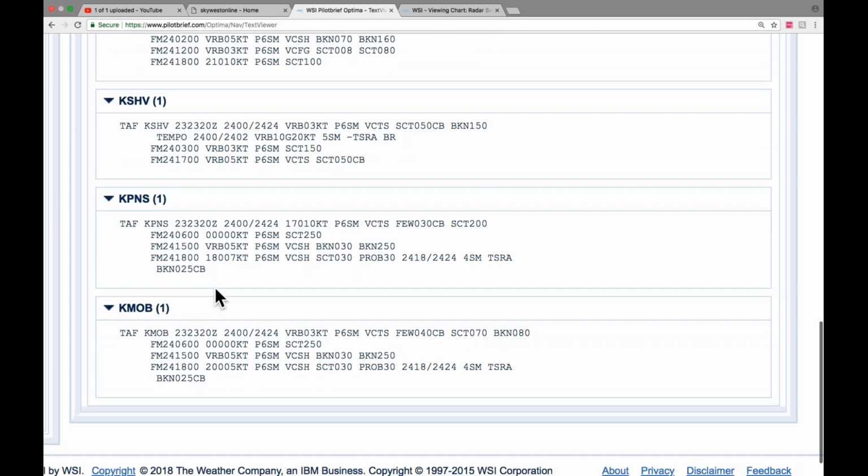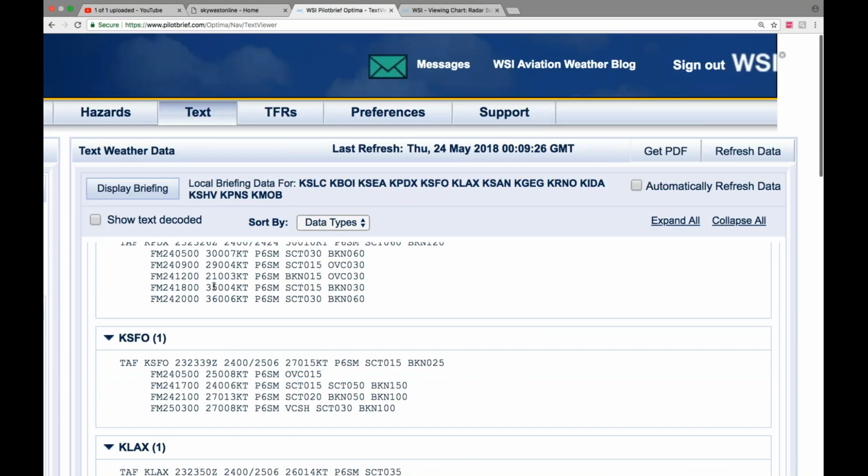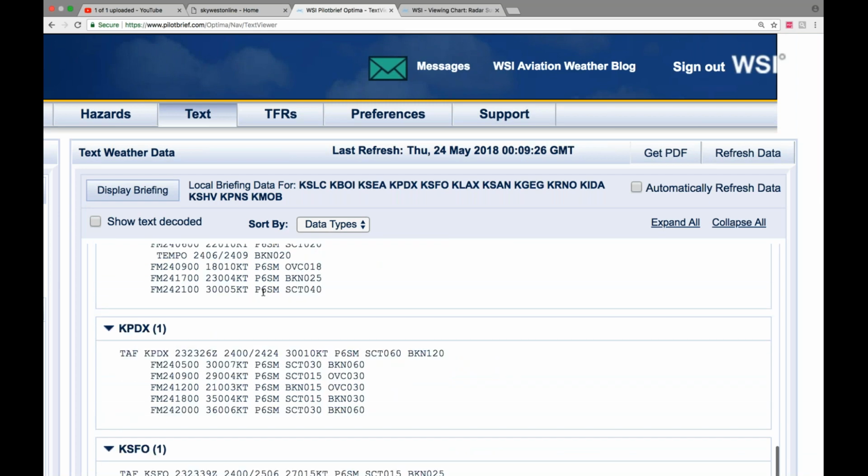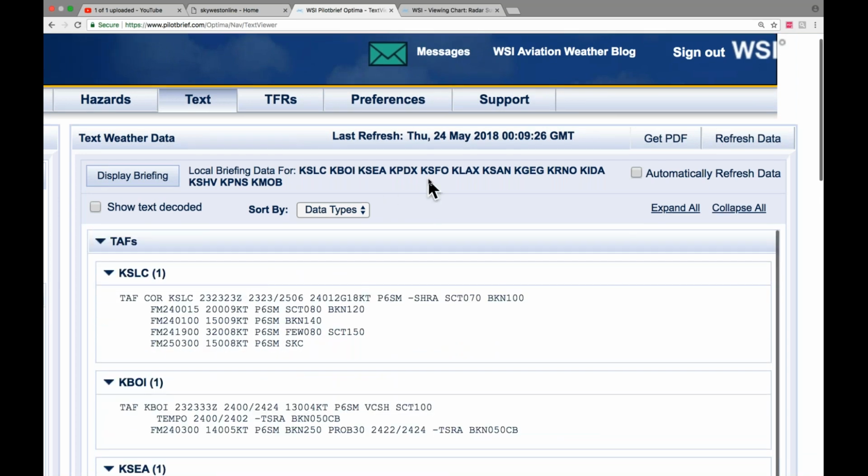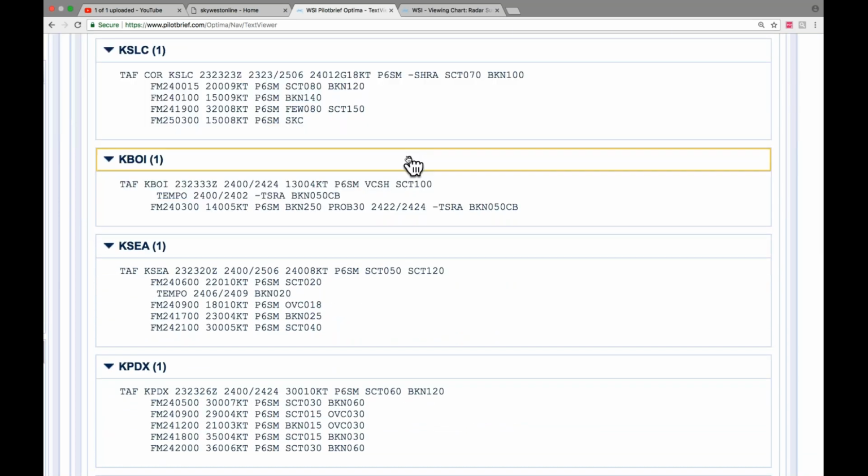The other thing that we might see here, just like a METAR, is AMD, which stands for amended.